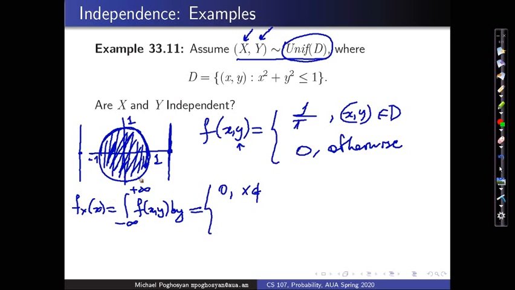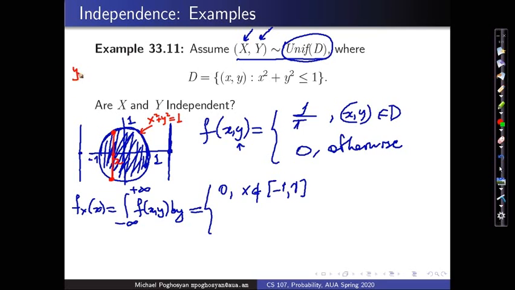x is not in [-1, 1]. And if x is between minus 1 and 1, let's see what is happening if x is here. If x is here, I need to integrate from this point to that point. So how to find those points' equations? I'm taking the equation for this: x squared plus y squared is equal to 1. And I'm solving for y, to find the height.